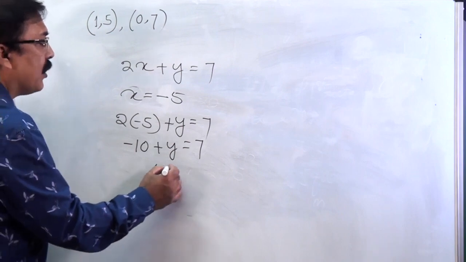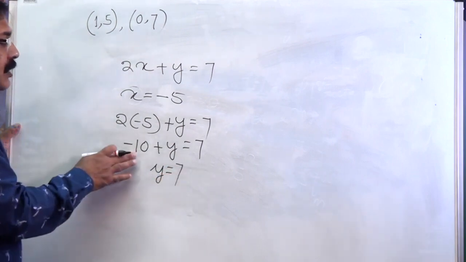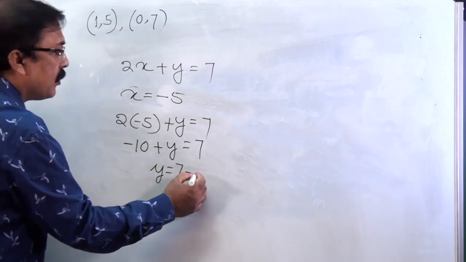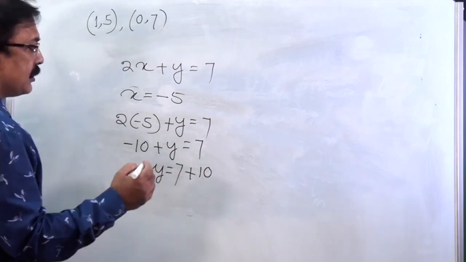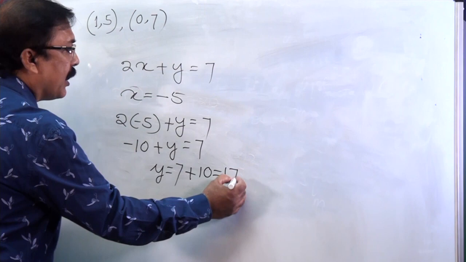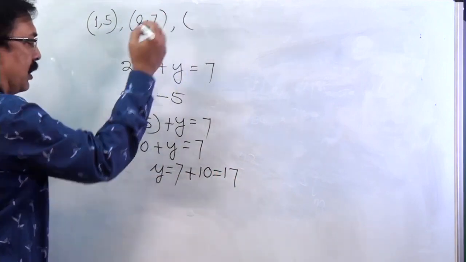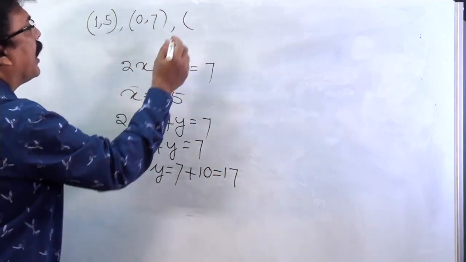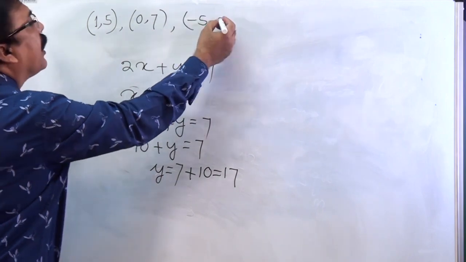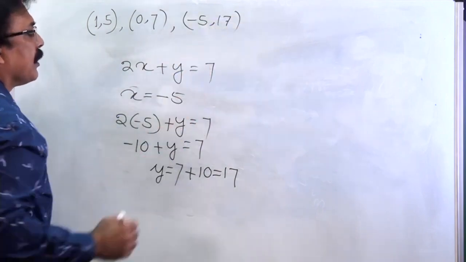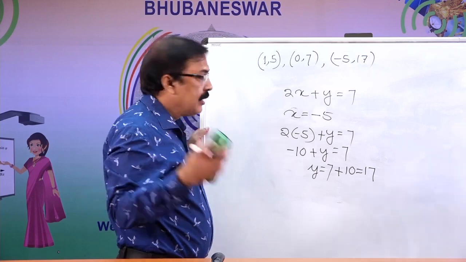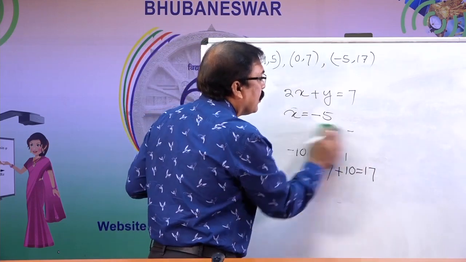So y is equal to 7, minus 10 comes to the right side with plus 10. So that gives 17. So another solution is (-5, 17).